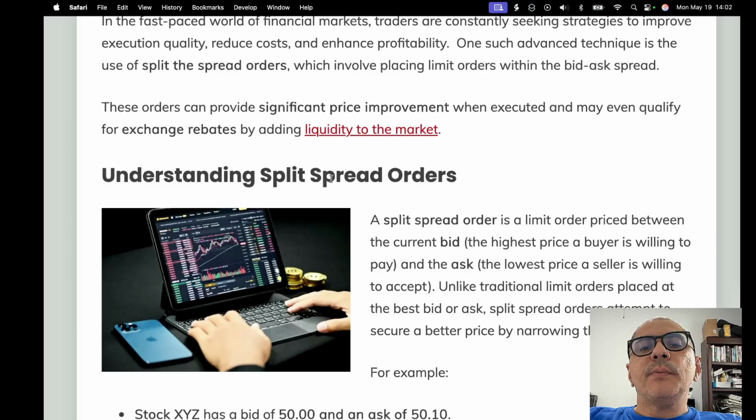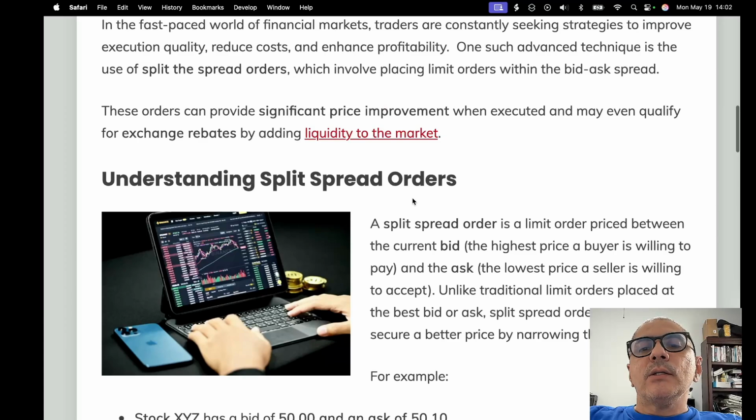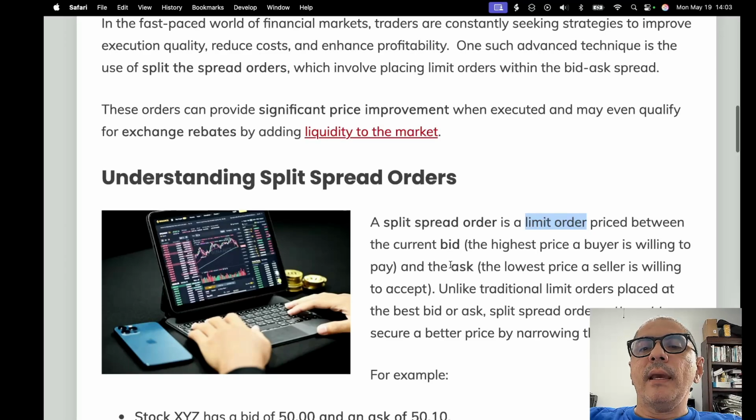understanding split spread orders. A split spread is essentially a limit order. In other words, an order where you specify the price at which the trade is going to take place, and it is priced between the current bid and the ask.